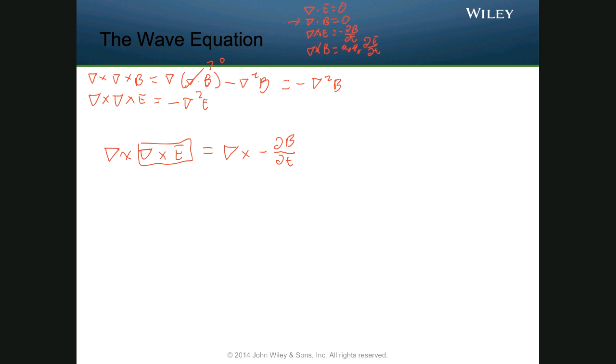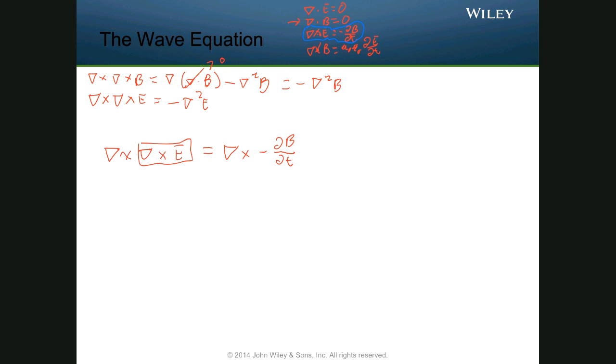All we've done is use our free space equation and replace del cross E.